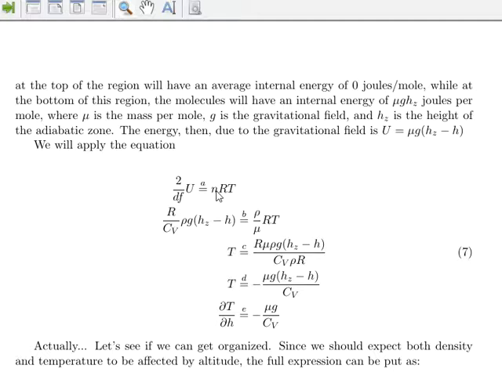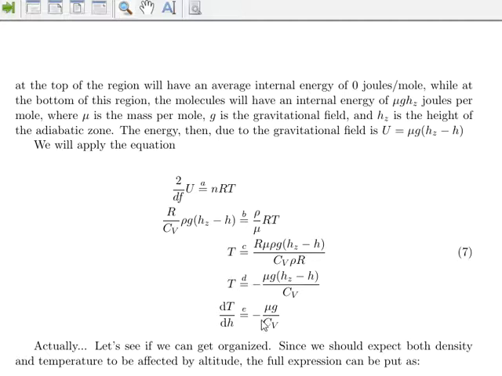The n here was the density divided by the molar mass, and then just solving that for T and taking the derivative with respect to h. I don't think there's any reason to put this in the form of a partial derivative either, so I can declare that to be a regular derivative instead of a partial derivative.